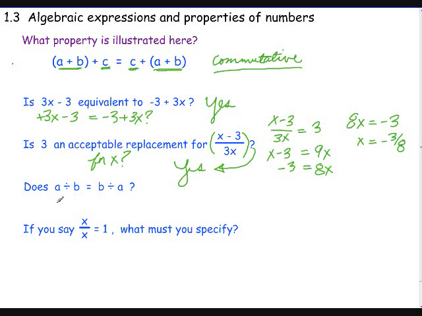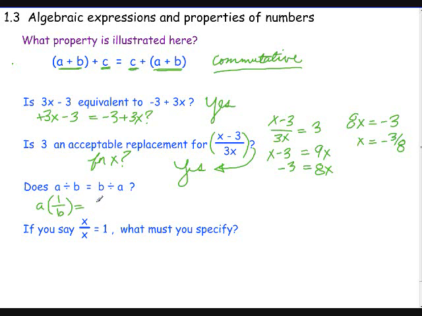A divided by B. Well, let's look at this side of the equation with an equivalent expression of A times the reciprocal, right? Stay, change, flip. A, we changed from division to multiplication, and we took the reciprocal.